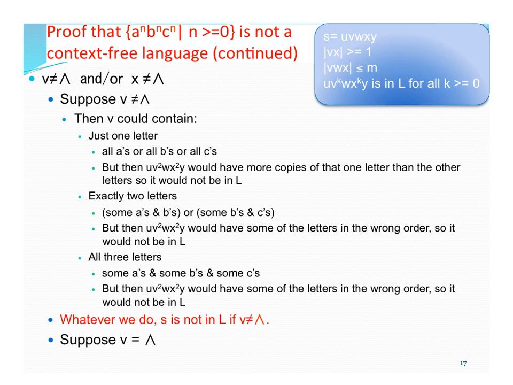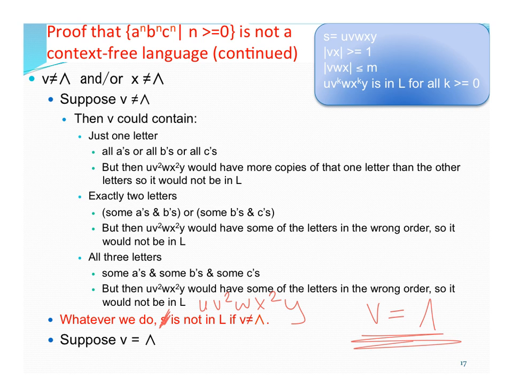So whatever we do, I shouldn't really say S here, right? I should say u v squared w x squared y is not in my language if V doesn't equal lambda. So I suppose V has to equal lambda, right?